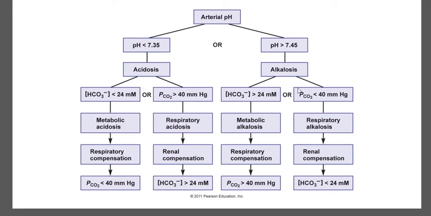So if carbon dioxide is low, then it is the low carbon dioxide that is shifting the pH towards alkalosis. So that's a respiratory alkalosis. You have a pH that is above 7.45, check partial pressure of carbon dioxide. If it is low, less than normal, then the alkalosis is respiratory.